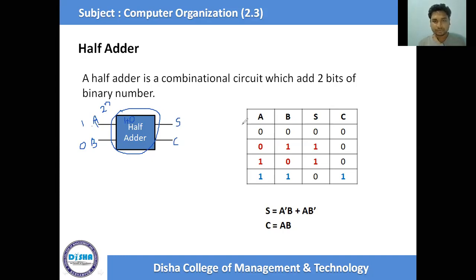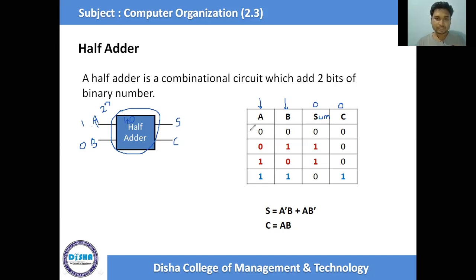This is the functional diagram. In this functional diagram we have 2 input values, A and B, and these are our output values: S is the output, called sum, and C stands for carry of the sum.